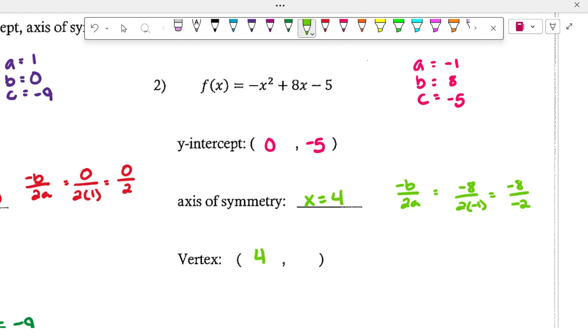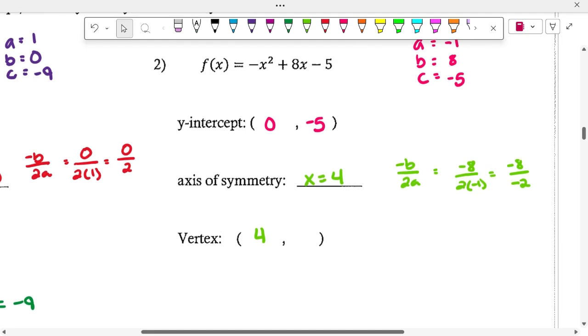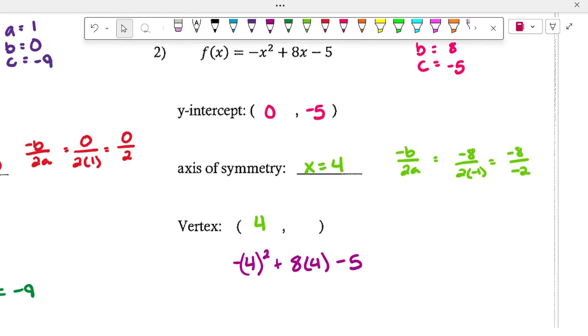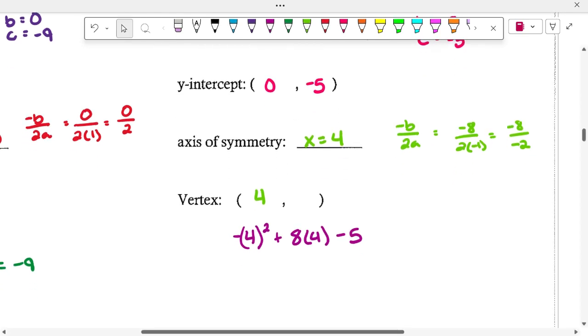Now, be careful when you plug the 4 back in, especially if you're putting it in your calculator. When in doubt, put parentheses around the number that you're plugging in for x. Technically, with this square right here, the negative is not going to be included in the square because it's already there.